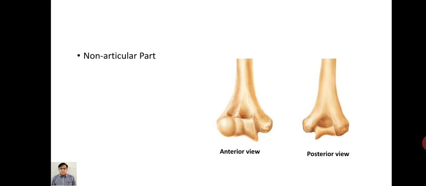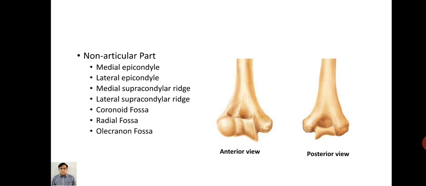Now the non-articular part, having the medial epicondyle, lateral epicondyle, medial supracondylar ridge, lateral supracondylar ridge, coronoid fossa, radial fossa and olecranon fossa. So first is the medial epicondyle. The medial most prominent point of the lower end is the medial epicondyle.